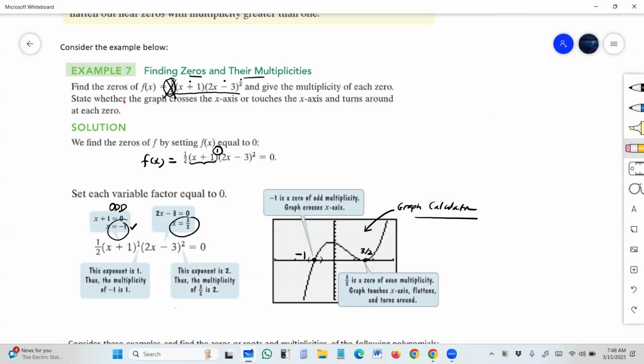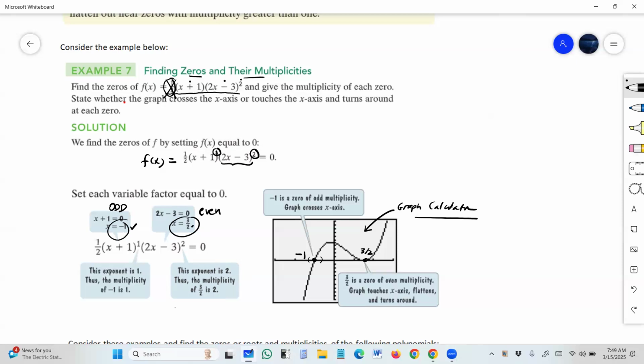Okay? And in the second case, in the second factor, 2x minus 3, which is this one, the multiplicity is 2. So this is an even multiplicity. All right? So the multiplicity has to do with the exponents associated with each factor.